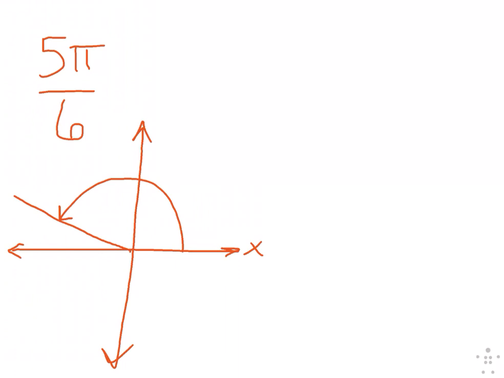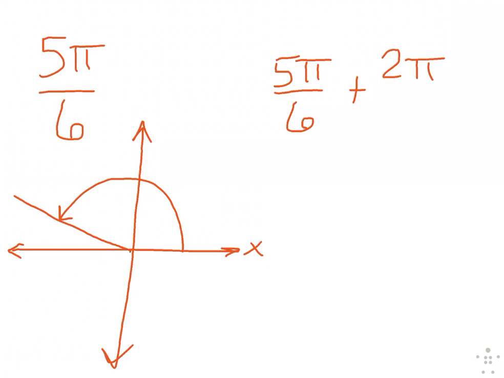On your unit circle, what does 360 equal in radian measure? 360 matches with 2 pi. So instead of converting to degrees, adding and subtracting 360, then converting back, I'm going to take 5 pi over 6 and add 2 pi to it. Because 2 pi is the same as 360.